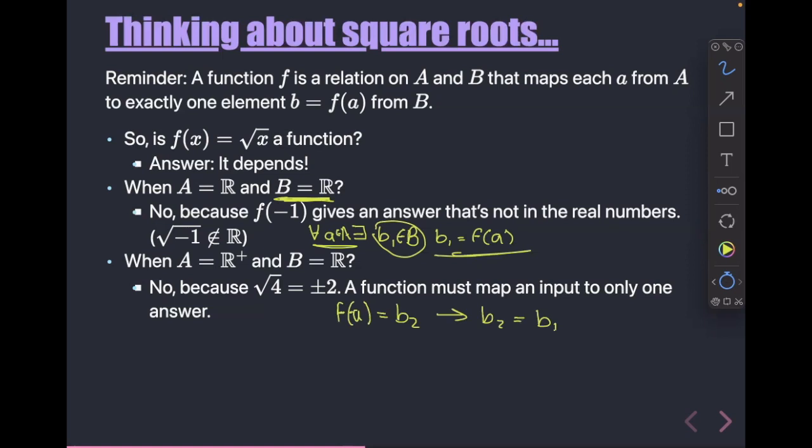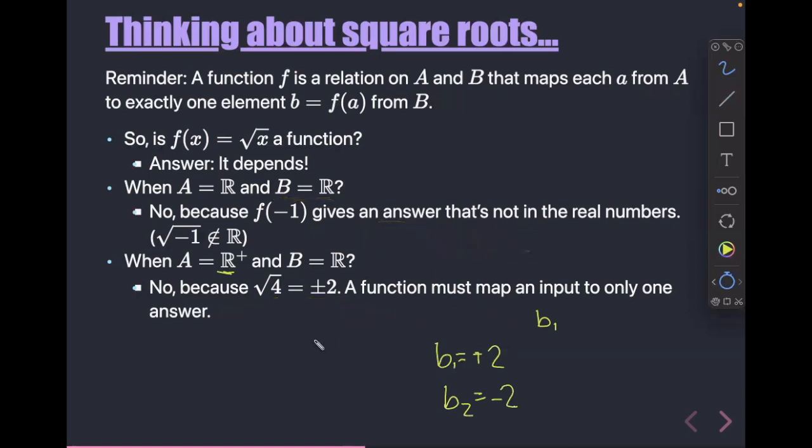So if I put 4 as my input, from my set of positive real numbers, I'm still going to get the answer plus or minus 2, right? The square root of 4 can be positive 2 or minus 2. That's two different outputs: you have a B1 equal to positive 2, and a B2 equal to -2. And so that's violating that second property, that a function can map to only one answer.